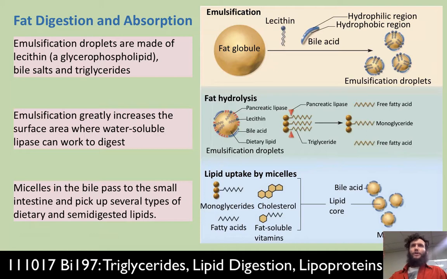So there are three layers of size scale here. There are these big, totally macroscopic fat globules. There are these emulsification droplets that the lipase works on, releasing free fatty acids, and then those form tiny little micelles, okay? It's these micelles that are going to be the source of the lipids that our gut is going to absorb, all right?